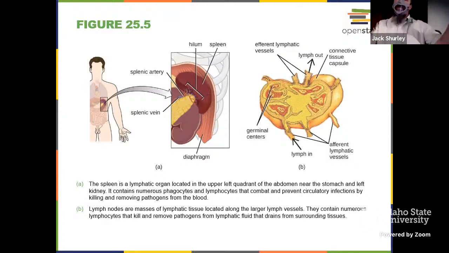So it's not just moving right through. It allows the fluid to come in contact with numerous immune cells that have sequestered themselves within these nodes, providing opportunities for detection and removal.